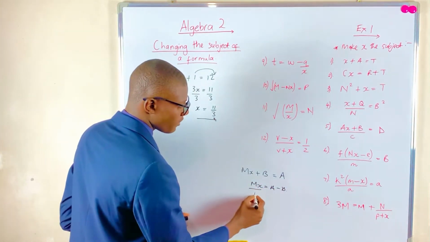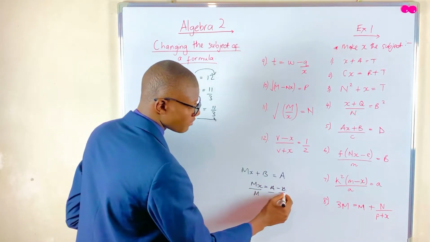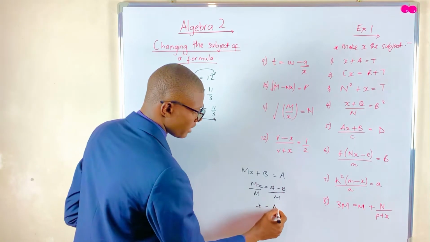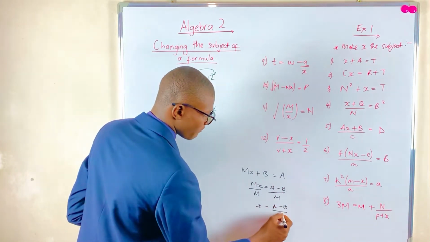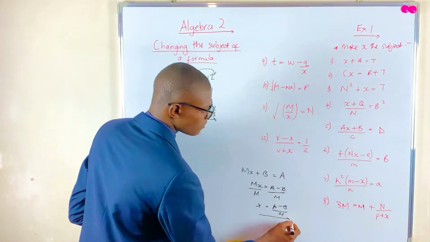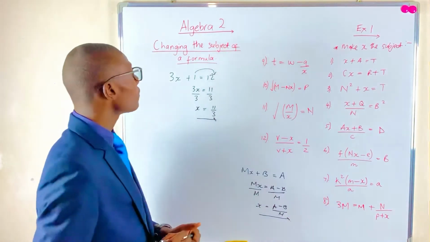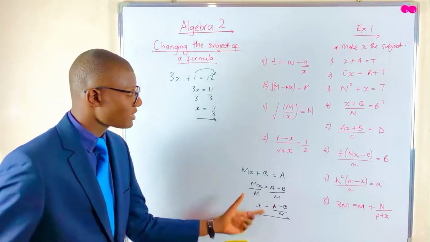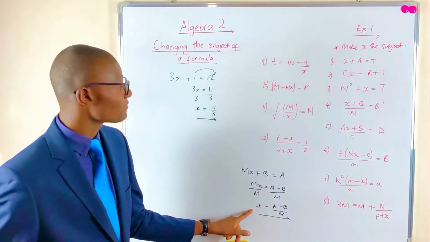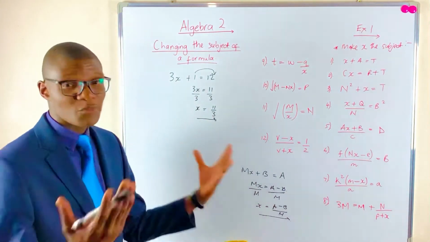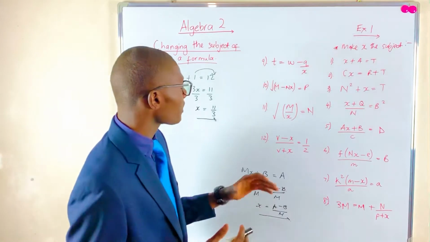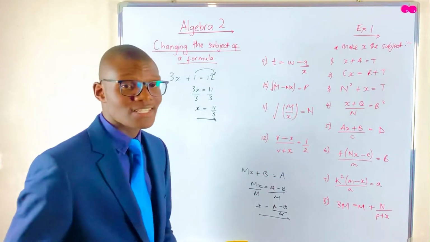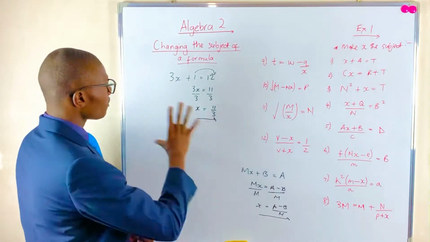Then dividing both sides by m, x would be a minus b over m. So this is how we change the subject of the formula. We've written this formula in terms of x, just the same way as if we were solving an equation. Now I would like to attempt these 12 questions which require us to make x the subject of the formula. So allow me to erase this part.